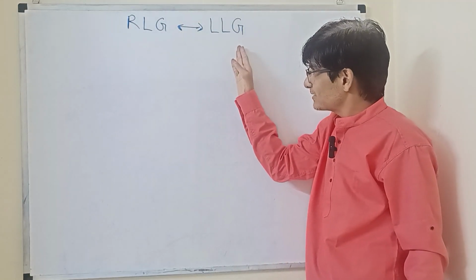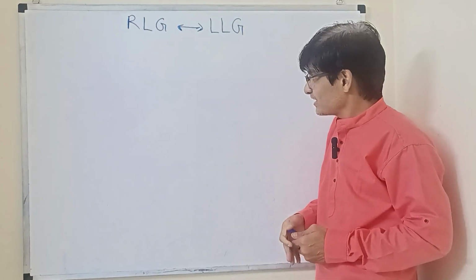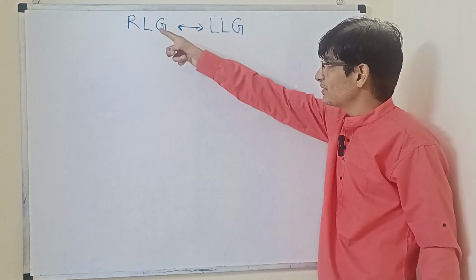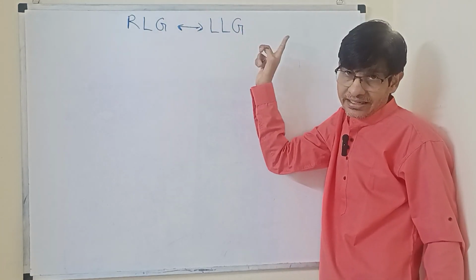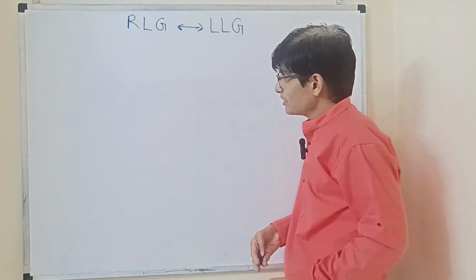For both these conversions, the conversion of finite automata into RLG is necessary, which we have already discussed. Now I will tell you the process of converting any RLG to LLG and any LLG to RLG. Then you can convert easily.